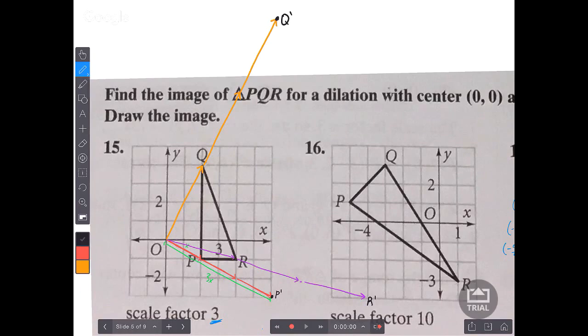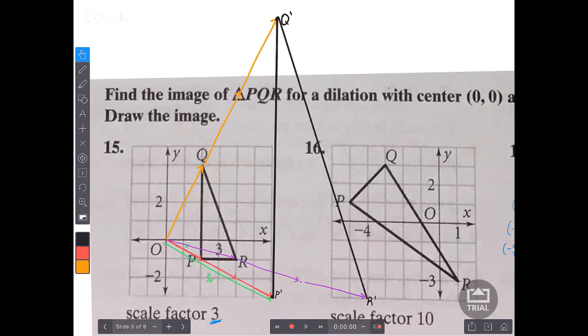So here's my new triangle. With side Q prime, P prime, and another side over here from Q prime to R prime, and a last side down here, P prime to R prime.